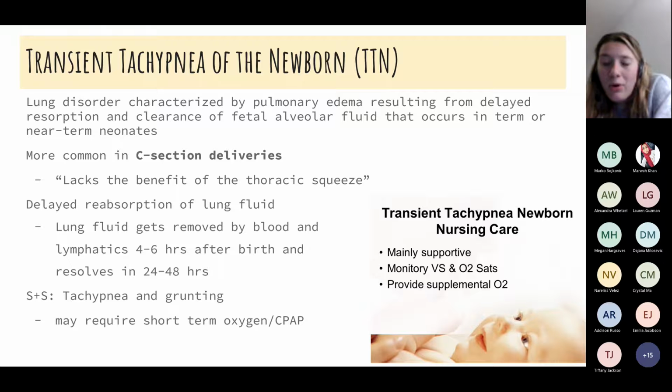They just might need a little bit more help post-birth and more frequent monitoring. Usually these ones will be taken to the NICU for a few days. Don't worry though, with this disease, the lung fluid will eventually get removed by our good old-fashioned lymphatic system. But it's really common in our C-section deliveries.